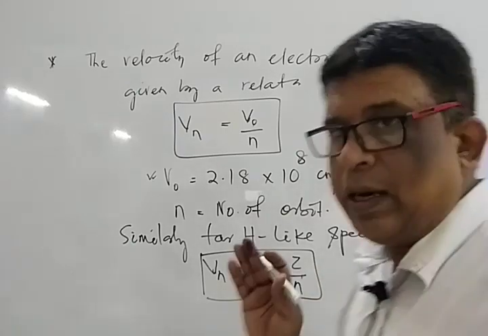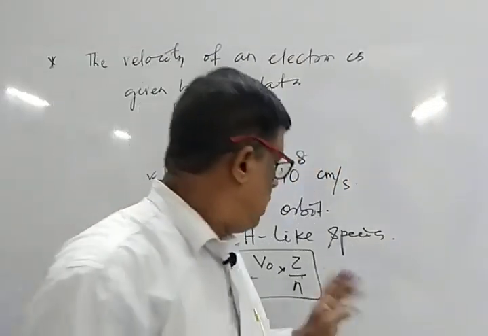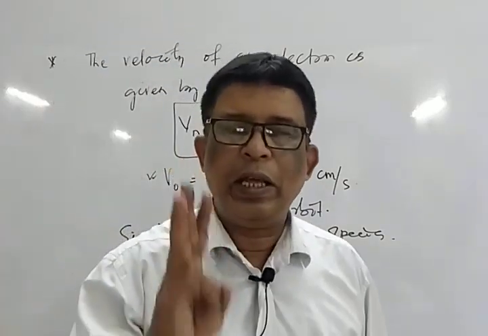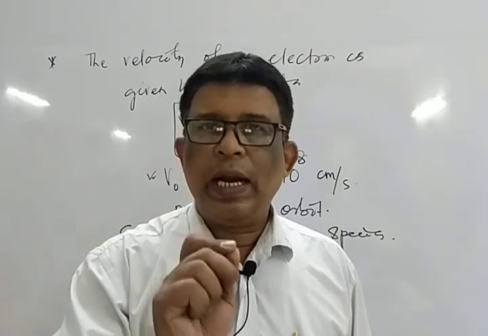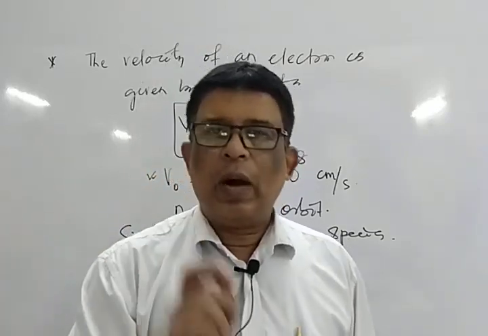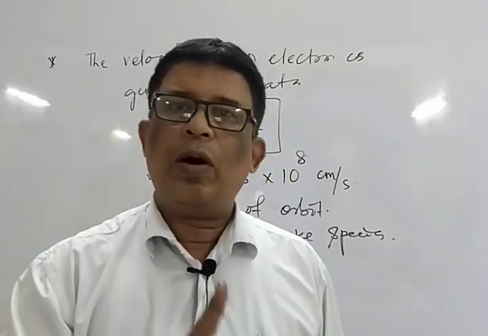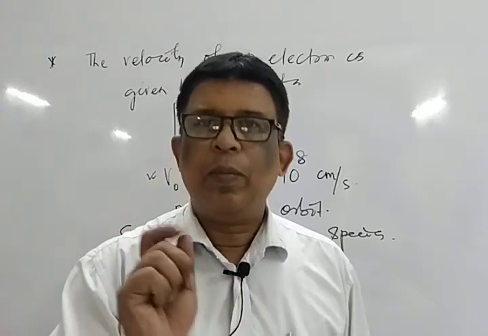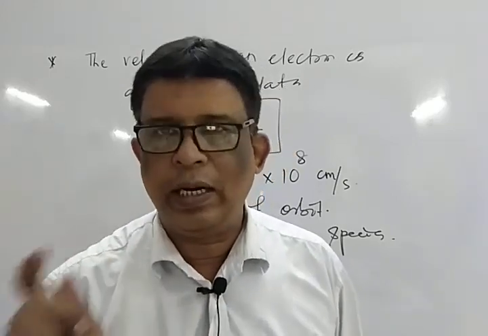I repeat again, where Z is known as the atomic number and n is known as the number of shells. So, three very important points: one is calculation of energy, one is calculation of velocity, one is calculation of radius for hydrogen and hydrogen-like species, that is for systems containing one electron.